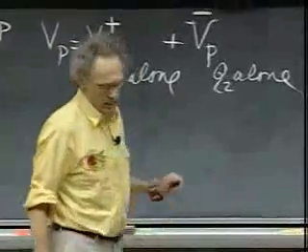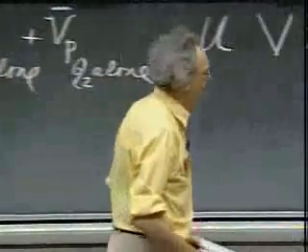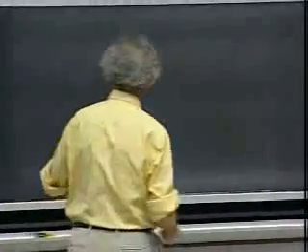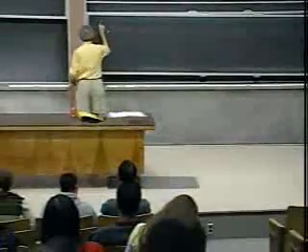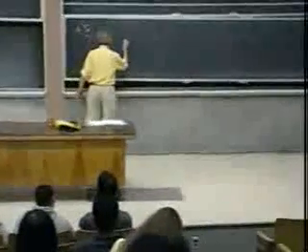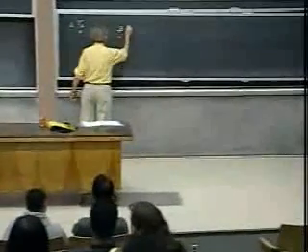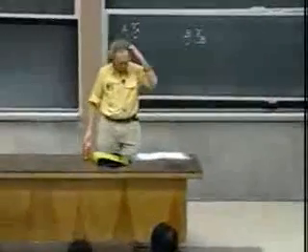Suppose I had a position A in space, and I had another position B, and I specify the potentials. So here we have A, potential is VA, and here we have point B, where the potential is VB.